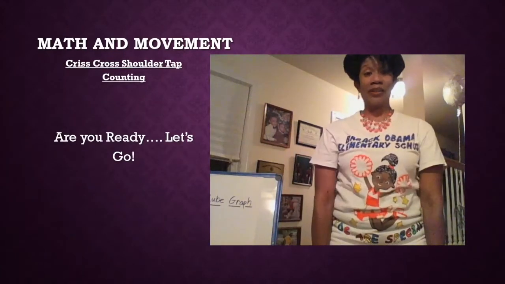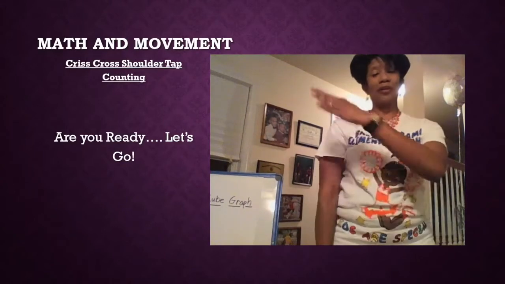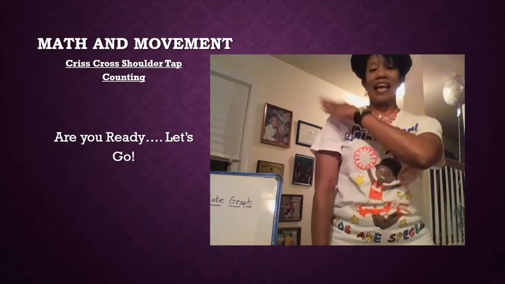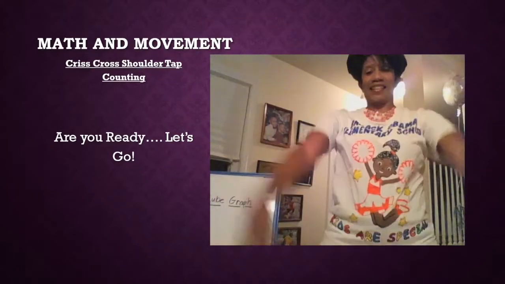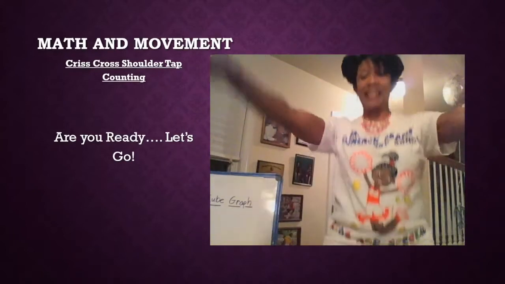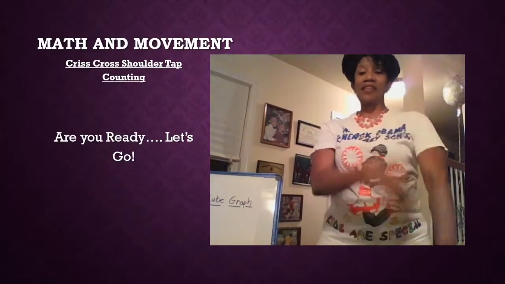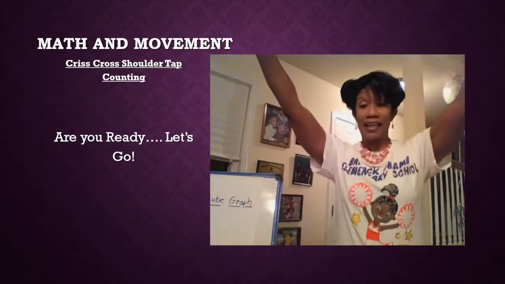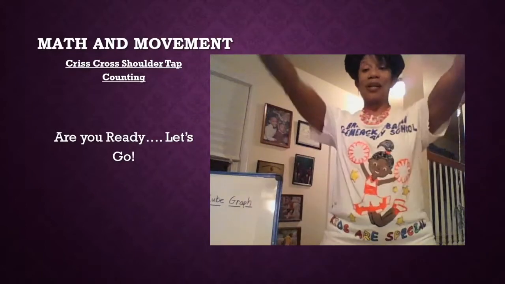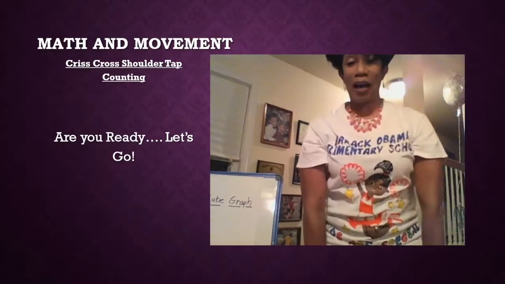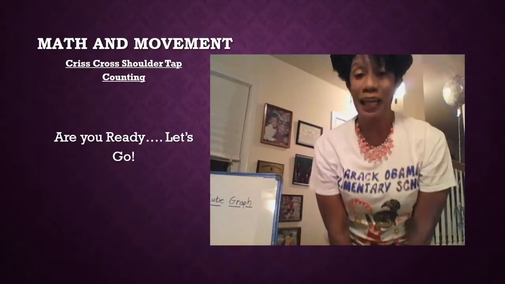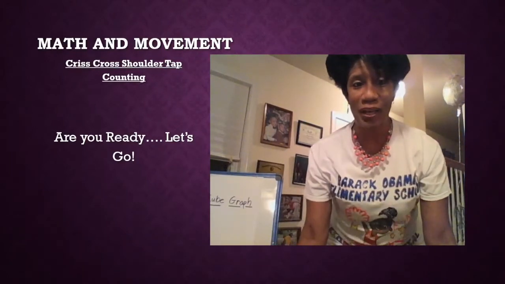Here we go. 1, 2, 3, 4, 5, 6, 7, 8, 9, 10, 11, 12, 13, 14, 15, 16, 17, 18, 19, 20, 21, 22, 23, 24, 25. Super job. You've just counted from 1 to 25. You can do that again at home with your family and count all the way to 50.